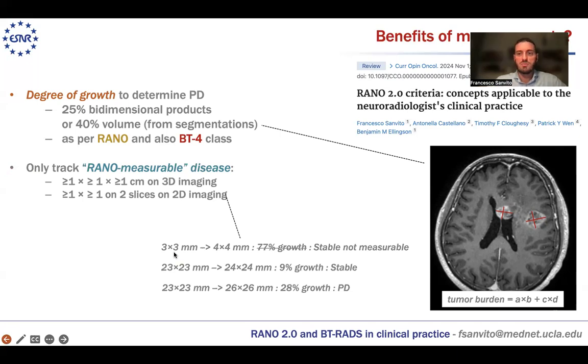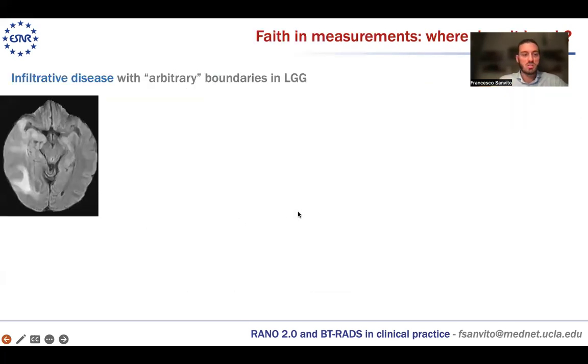Because otherwise we get in a very awkward situation where very small lesions may grow very little, like 1 or 2 millimeters, and we do the math and it looks like a 70-80% increase or even more, and we are tempted to call that a progression, but clinically this doesn't really matter, and it could be noise or inaccuracy in the measurements, or partial volume effects or technical inconsistencies rather than actual growth. So my suggestion would be, if it remains not measurable, let's just call it stable disease, and only when it becomes measurable, we call it progression or preliminary progression.